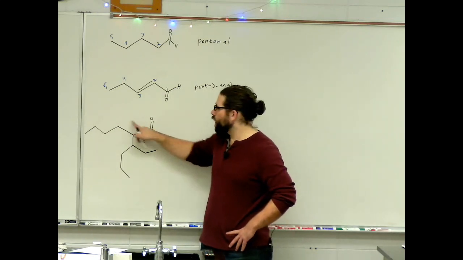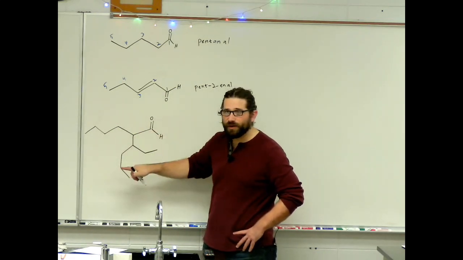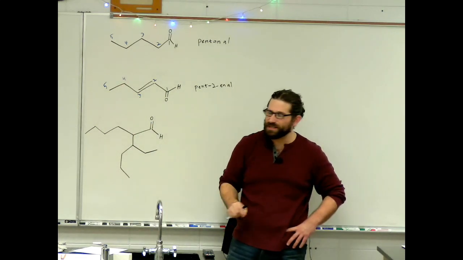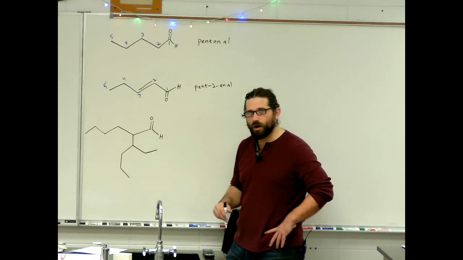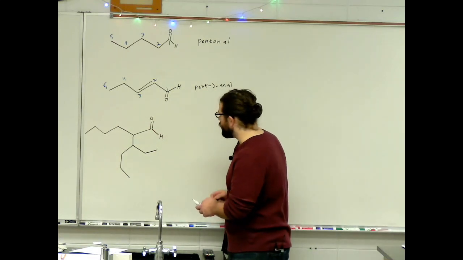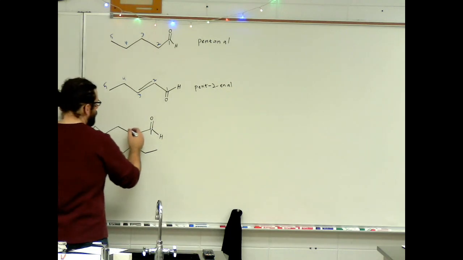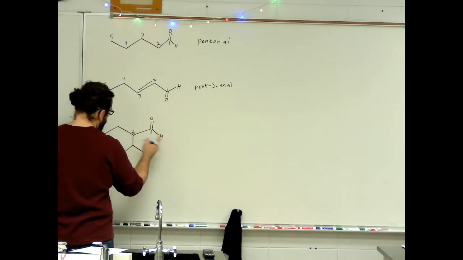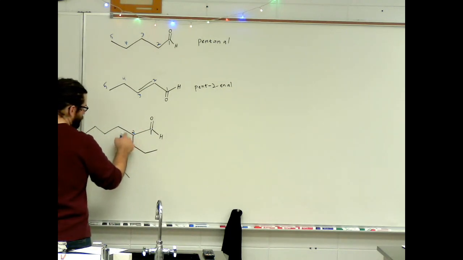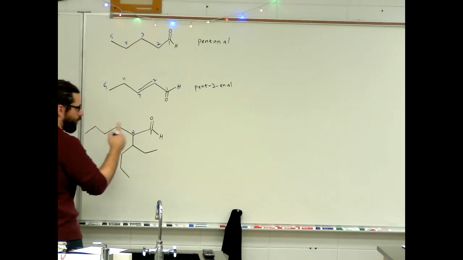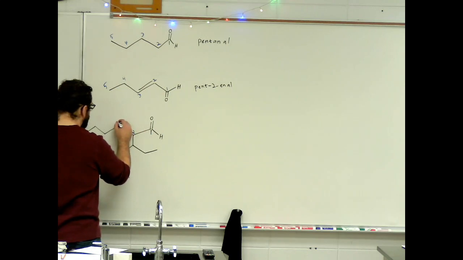I don't care where else you've got stuff, unless it's something that beats out the priority of an aldehyde, which we haven't seen yet. This is my number 1 carbon. So whatever we do, this has to be number 1. So now this is going to be number 2, and then now we just need to figure out which one's longer here. 2, 3, 4, 5, 6, or 3, 4, 5, 6. Horse apiece, let's go this way.